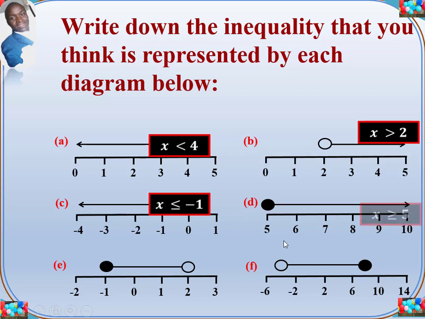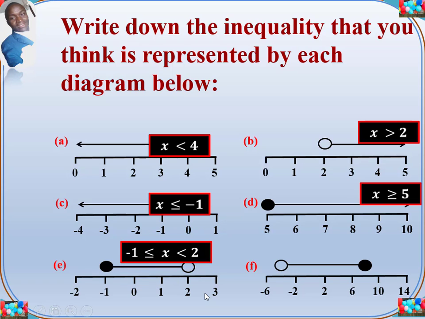We can read it as x is greater or equal to 5. And we go to E, there is a closed circle on top of -1 and an open circle on top of 2, and they are joined by a line. We can read it as -1 is less or equal to x, but x is less than 2. If you have that one, then you've got it right.